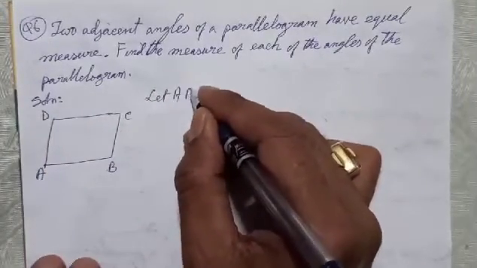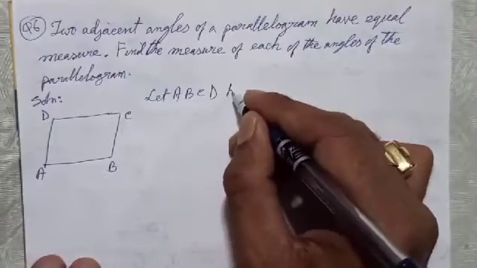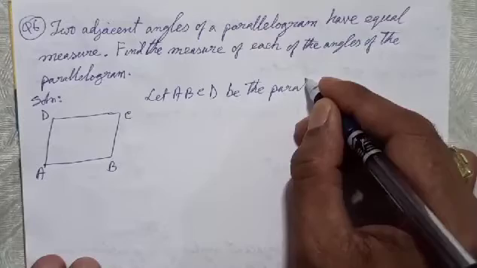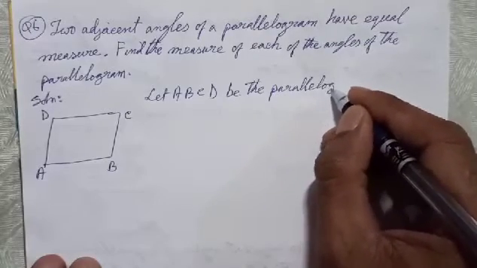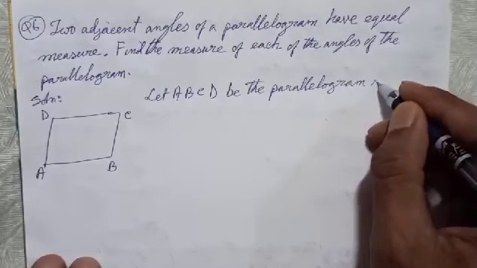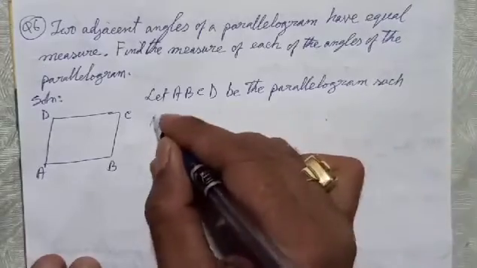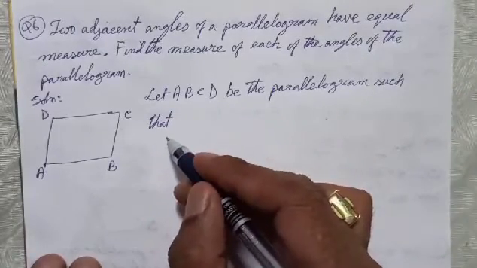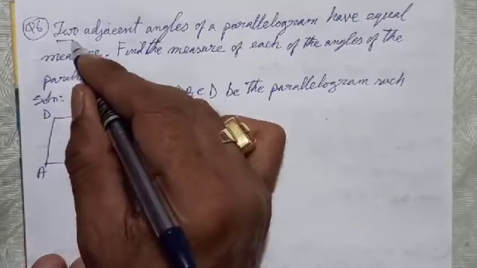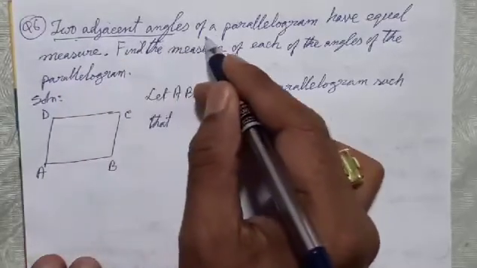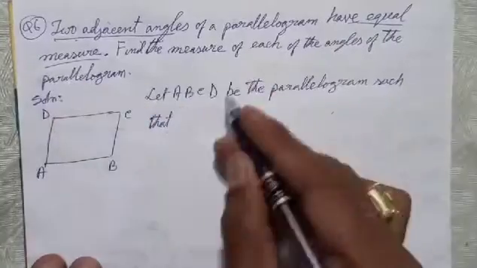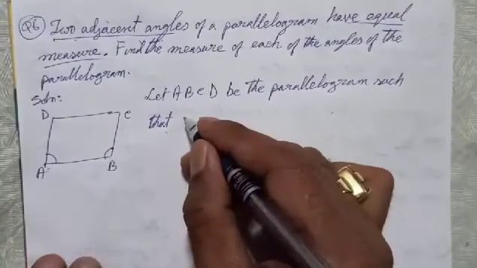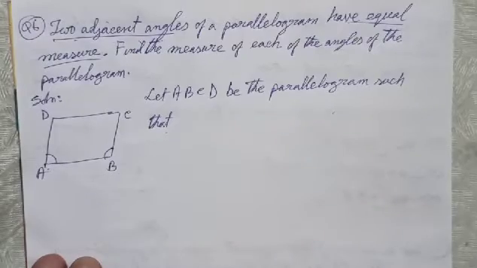Let A, B, C, D be the parallelogram such that in the question it is given that two adjacent angles of the parallelogram have equal measure. That means A and B. A and B are adjacent angles.